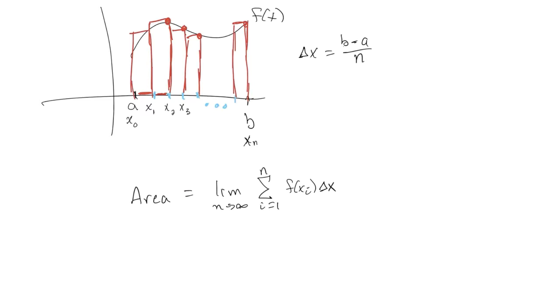Now again, we called this a Riemann sum, and that name Riemann sum comes from the mathematician Bernard Riemann. So he was the first person to introduce this concept of finding infinitely many rectangles to produce the area under the curve.